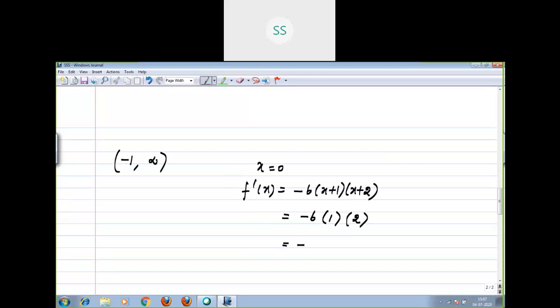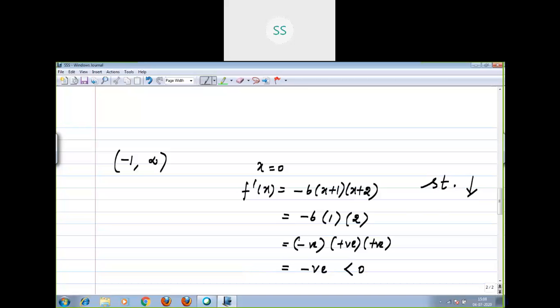That means negative, then the next bracket says positive, and the next one says positive. Final result is negative. Negative means less than 0. That means the function is strictly decreasing.